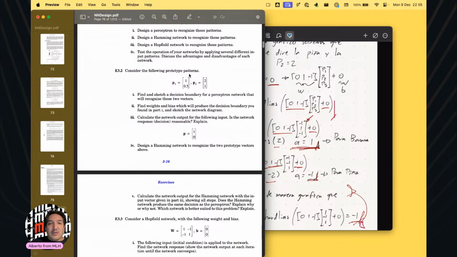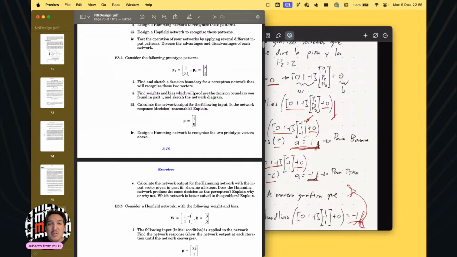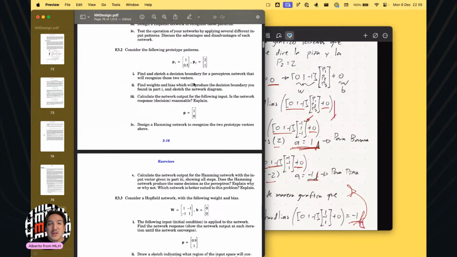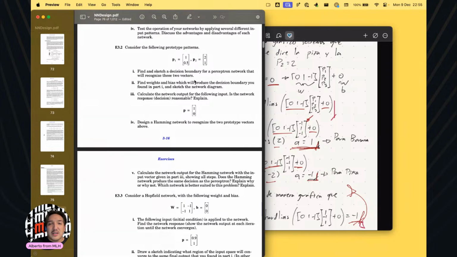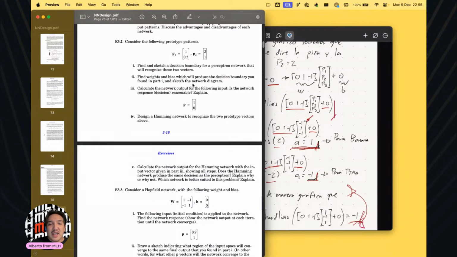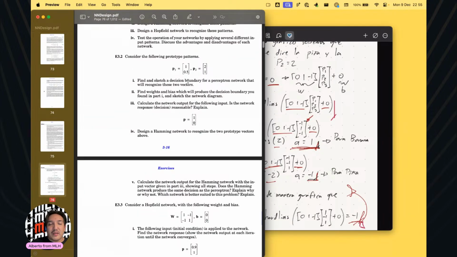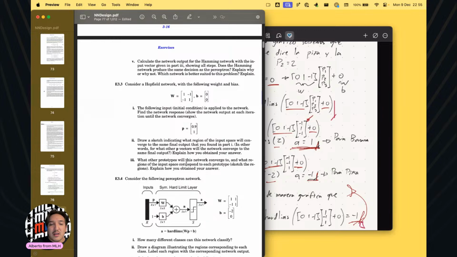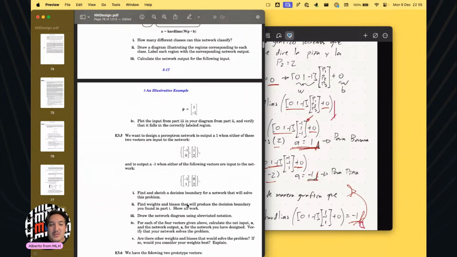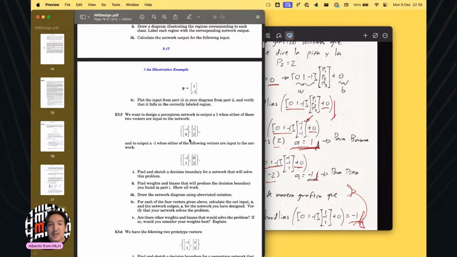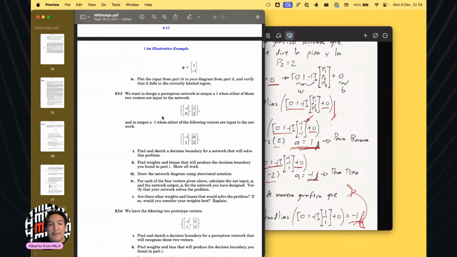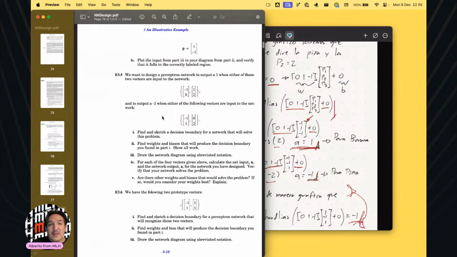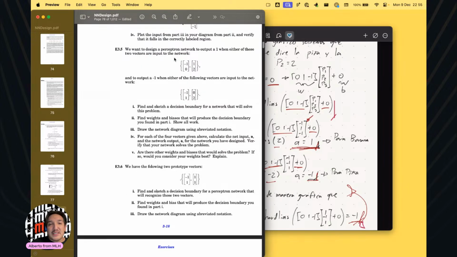Consider the following patterns. Find the decision boundary. For the decision line, we'll recognize these two vectors. Okay, this is an interesting one because it's for defining the decision boundary, but we want to design a perceptron network.